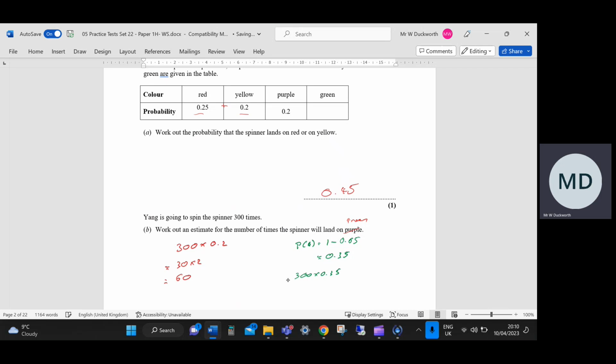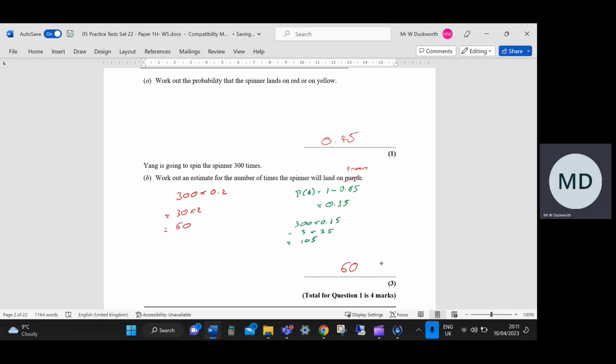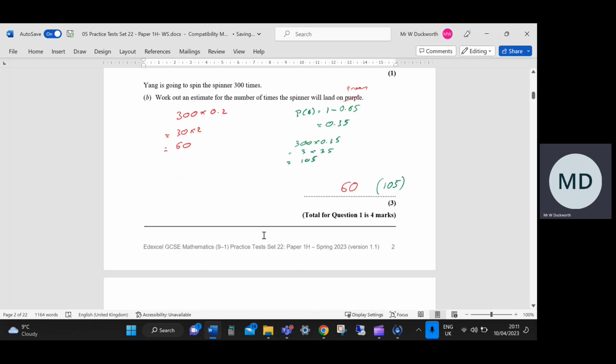And again, similar to what I did over here, using my knowledge of place values, I'm going to divide by 100 and multiply by 100. So that's going to be the same as 3 times 35, which is going to be 105. So what the question actually asked, by the mark scheme, was that one, but no drama there.